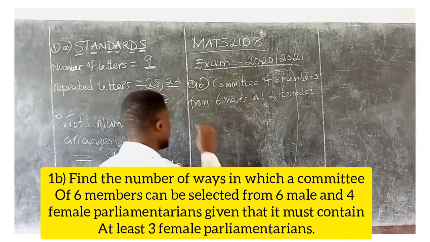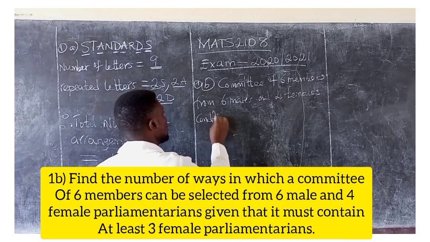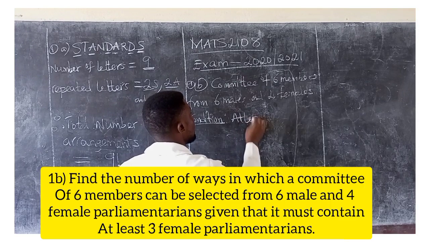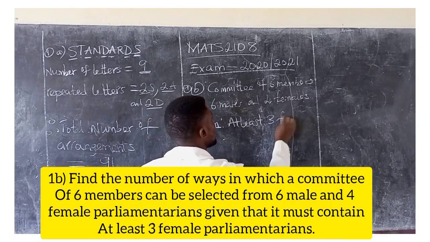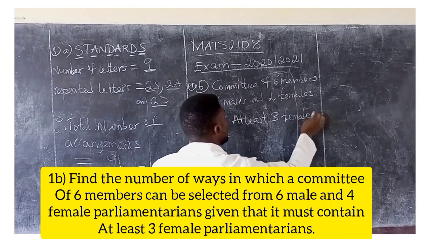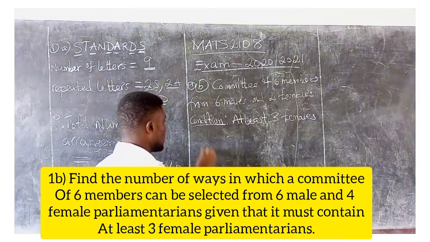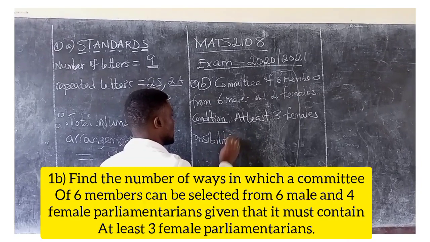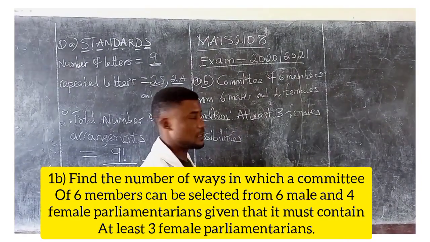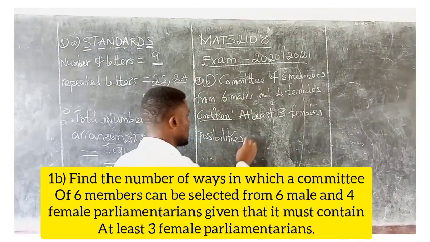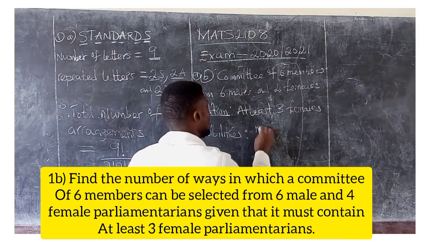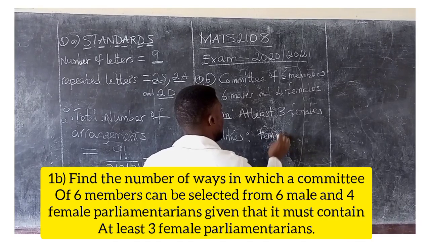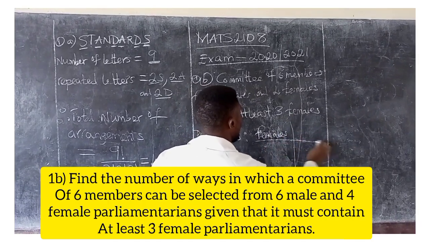So we must attach the condition at least 3 females. If we apply this condition, it is going to give us the various possibilities that each selection is going to have. The possibilities will be, we have the females and the males.